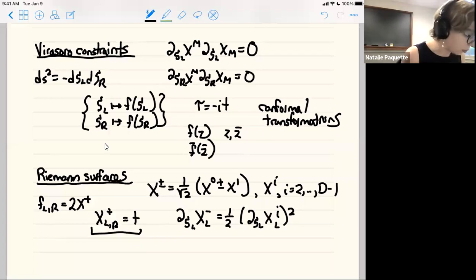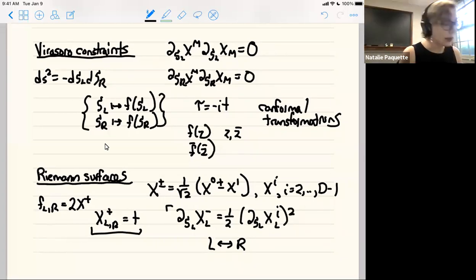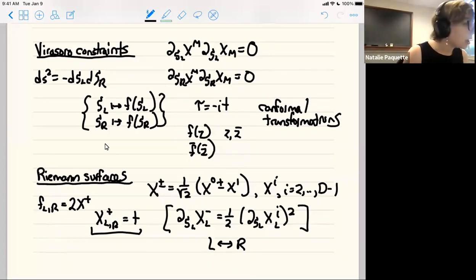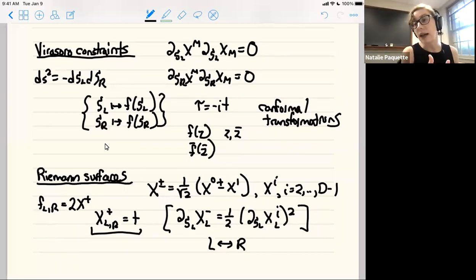So there's also a right moving Virasoro constraint. And now with this gauge fixing, the Virasoro constraints are linear in x minus. So you can solve them. You can solve for x minus in terms of the other scalars X^i. And that's another simple computation that I encourage you to do at home. And that will solve for x minus with only one undetermined constant of integration.